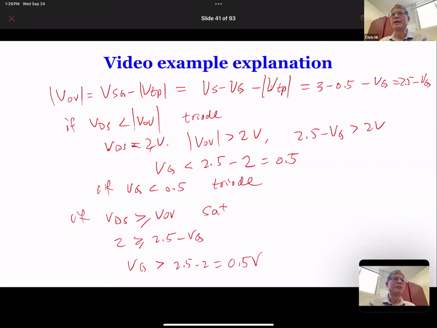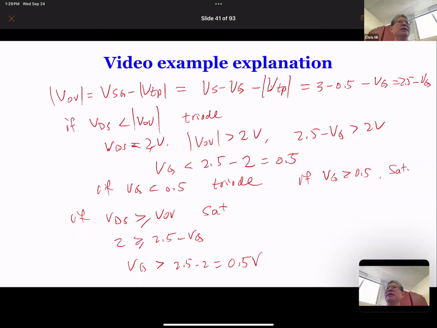So we conclude that if Vg is larger than 0.5, it's going to be in saturation mode. But of course, it has to be less than 3 because the maximum voltage you can have is 3. In fact, 2.5. It's not going to work.